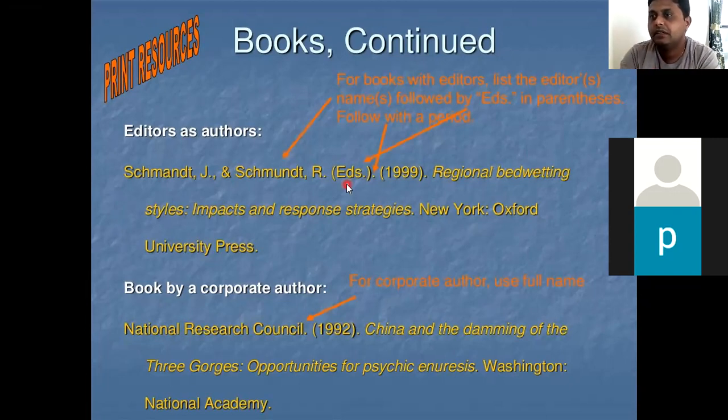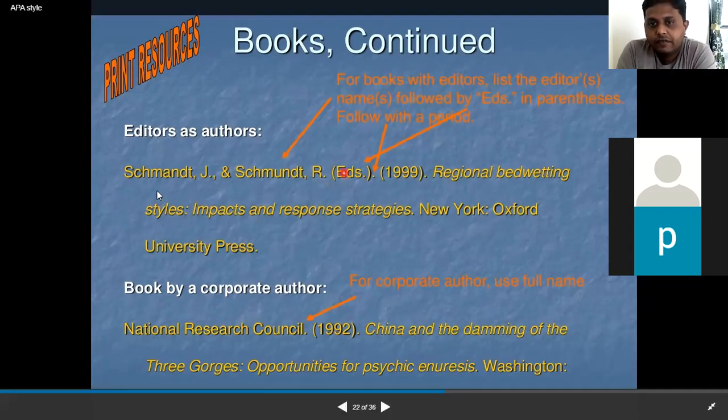So that is called an editor. In a newspaper, there is also an editor. The editor receives different types of news from the reporters, edits it, and publishes it in the form of a newspaper.